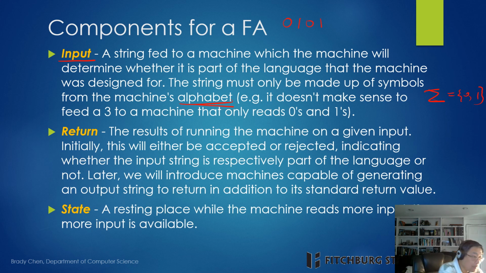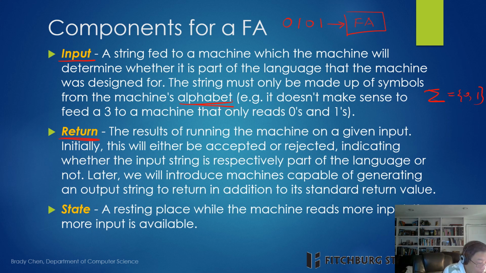Now the second component is called return. Once the input is fed to the finite automata, the finite automata can move from one state to the other and eventually reach the final state. If the final state is accepting the input, then you're going to return accept, or you're going to reject.